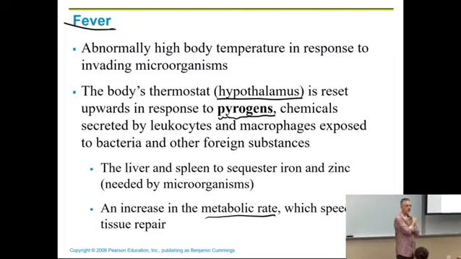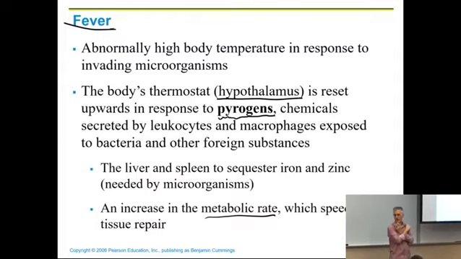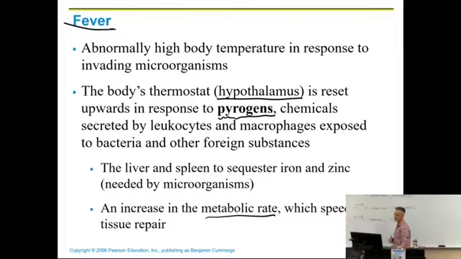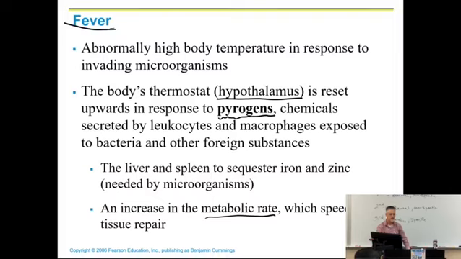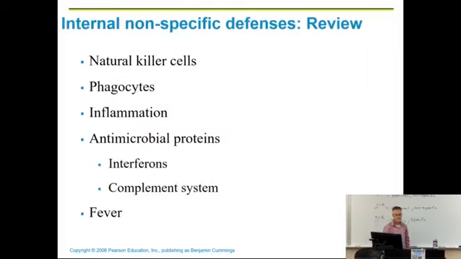So if we take those nutrients away, now the bacteria can't reproduce as well, and so that is keeping them at reduced populations that we can attack and get rid of a little bit easier, right? So the increased temperature tells these organs to start sequestering, start holding on to that rather than letting that iron and zinc be kind of floating around. So those are the benefits of fever.